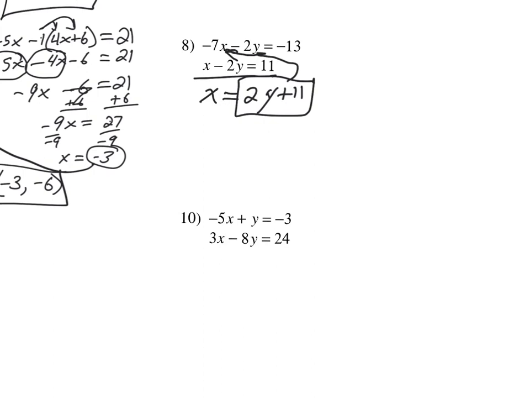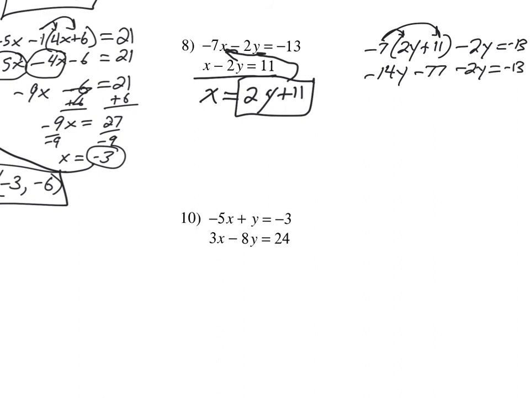So you'd have an equation that looks like this: negative 7 times whatever we just said x was, 2y plus 11, take away 2y, equals negative 13. Use your distribution. Negative 14y minus 77, take away 2y, equals negative 13. Combine like terms.